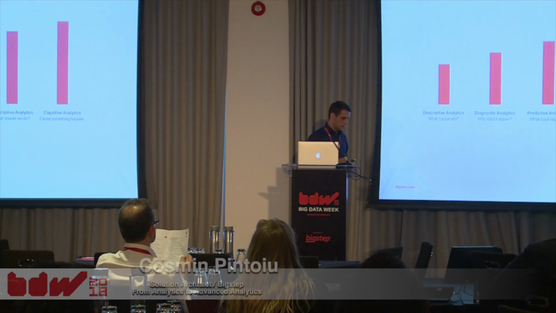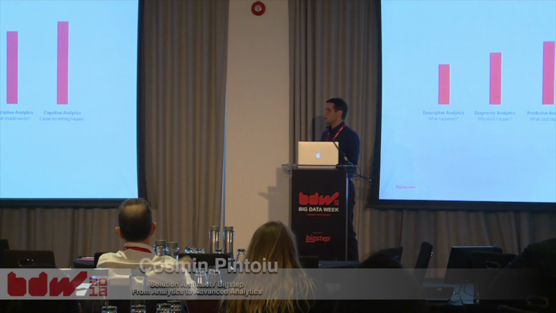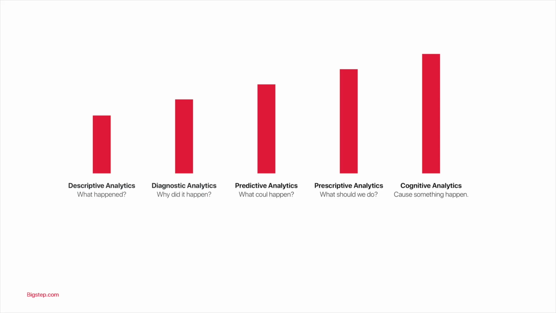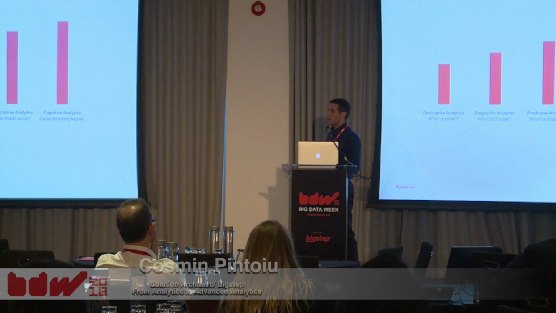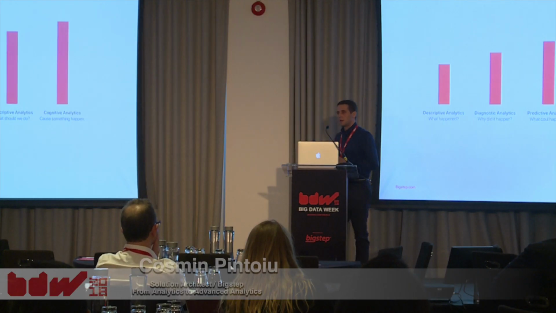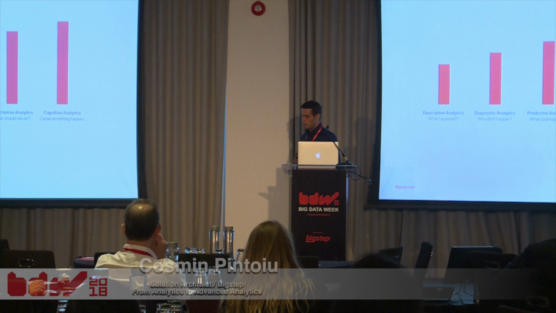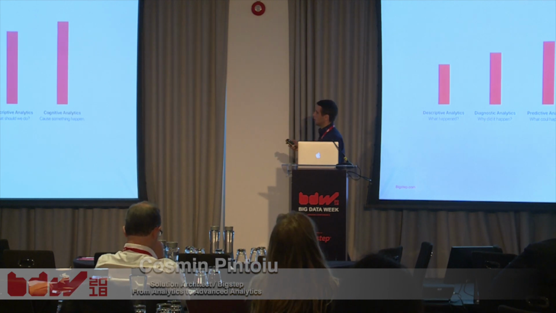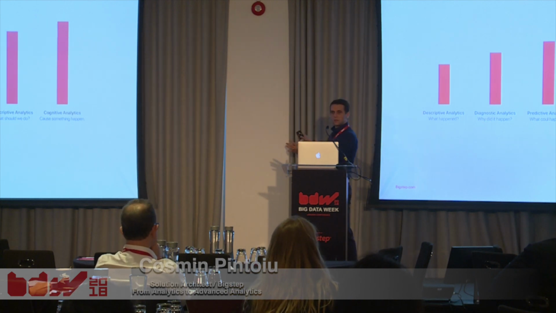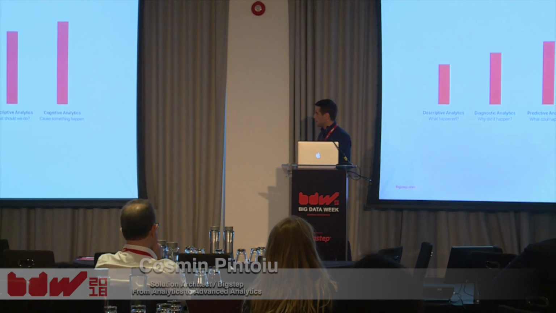The last one is trying to get better, intelligent insights, doing natural language processing, trying to understand us, trying to identify objects in images and in real video feeds. These disciplines are covered by advanced analytics.